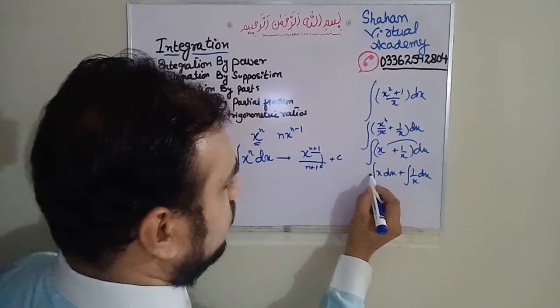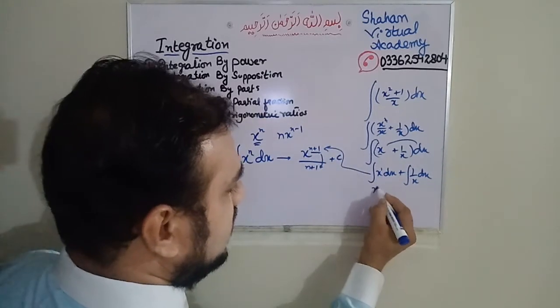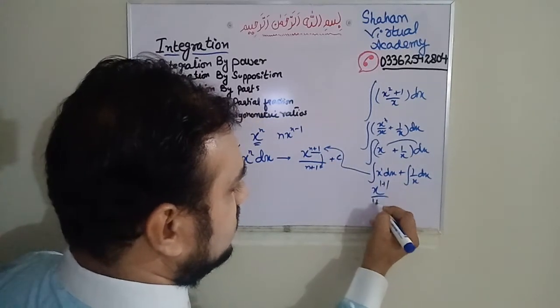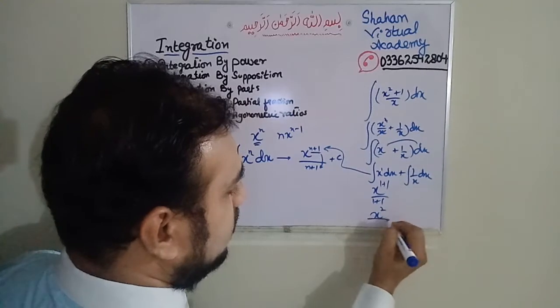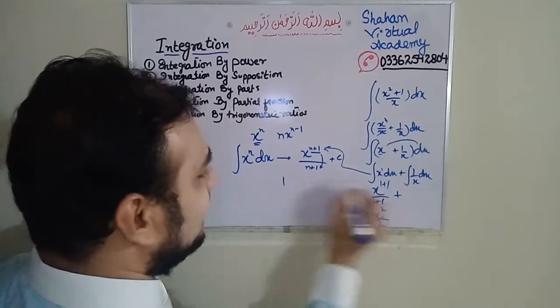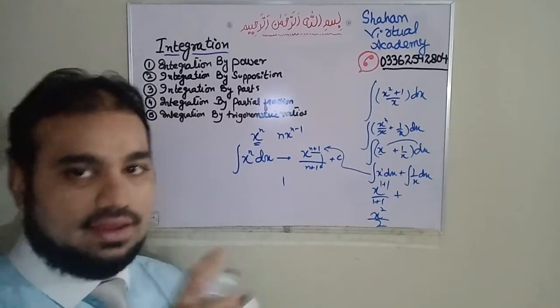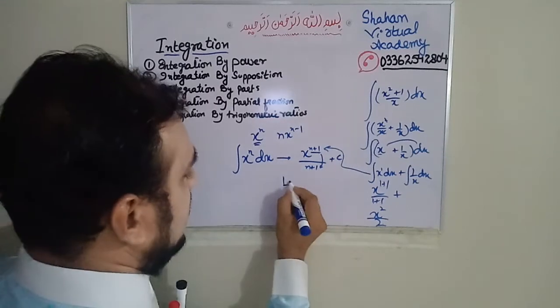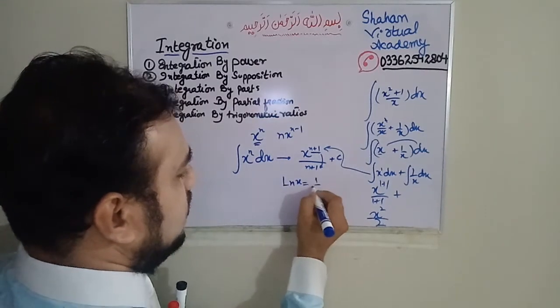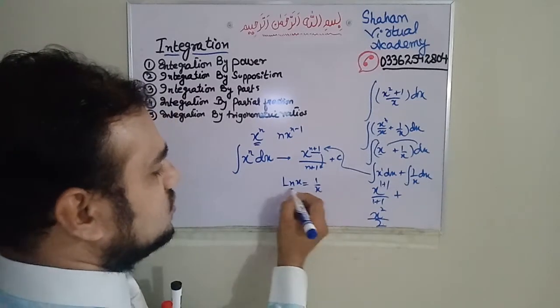As per the rule, x has the power 1, so it becomes x to the power 1 plus 1 divided by 1 plus 1, which means x squared upon 2. And you know that integration is the antiderivative. The derivative of ln x is 1 over x, so the antiderivative of 1 over x should be ln x.